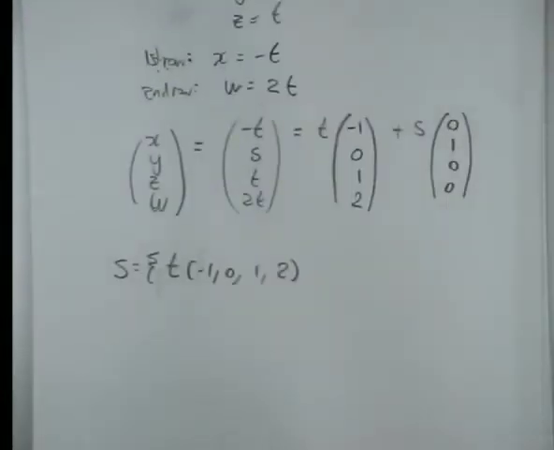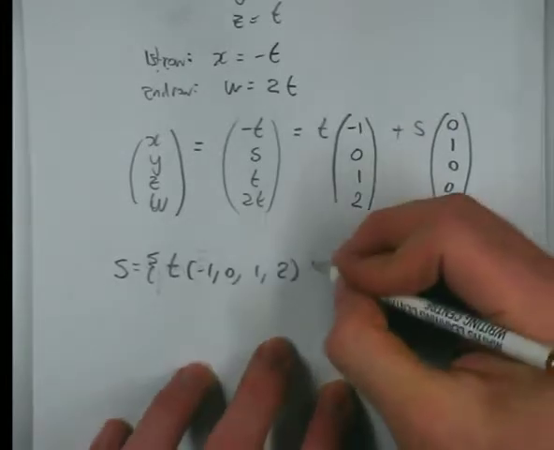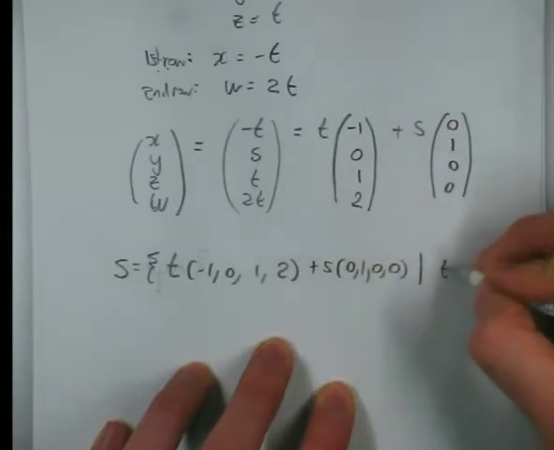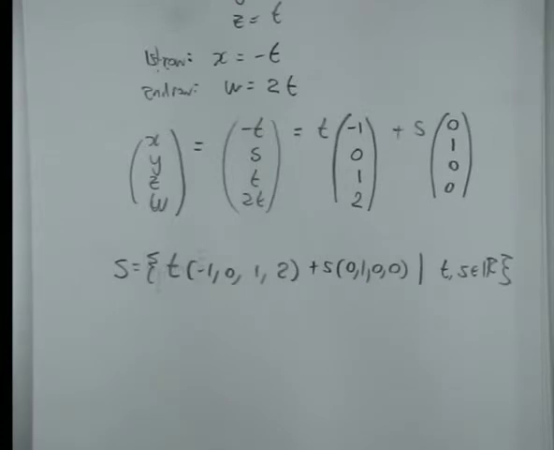It's just the reason I have to write them as columns in this calculation is because to put a vector next to a matrix, it has to be a column. So plus s of 0, 1, 0, 0, such that t and s are in R. That's what I've got. That's what this says.